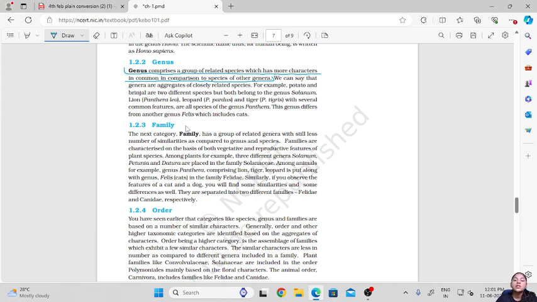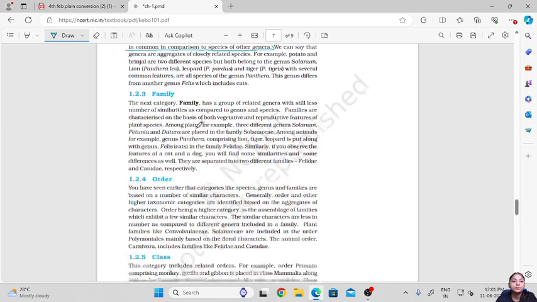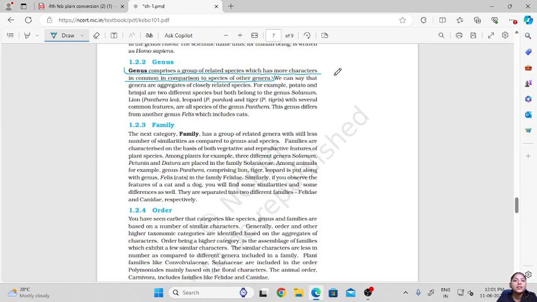All the related species will be grouped together in one genus, and they will have more similar characters as compared to species of other genera or a different genus. We can say that genera are aggregates of closely related species, which means they are small groups of closely related species.